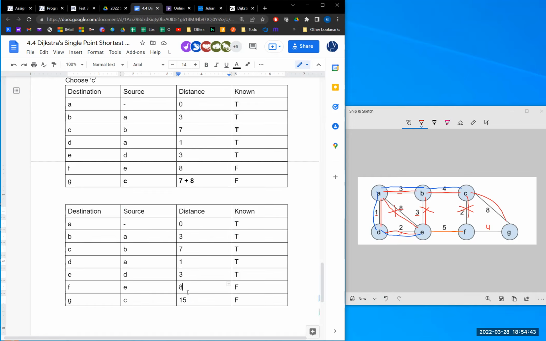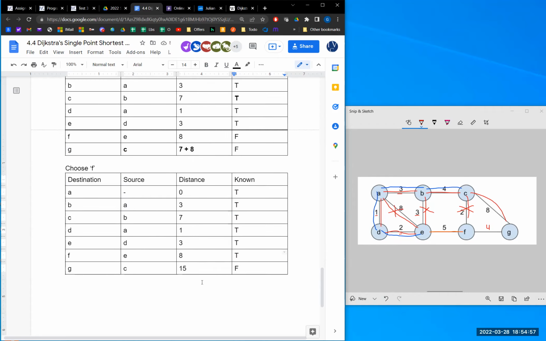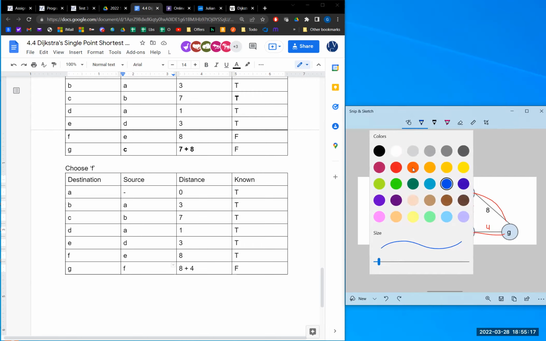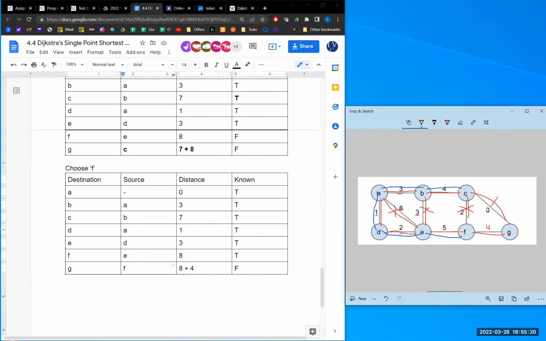All right, easy decision. 8 versus 15. Choose F, which marks that as true. And then F says we can get to G for 4, which will be an improvement. 8 plus 4 is much better than what we had before. Which means we can go ahead and toss that edge from consideration when we erased it from the table.